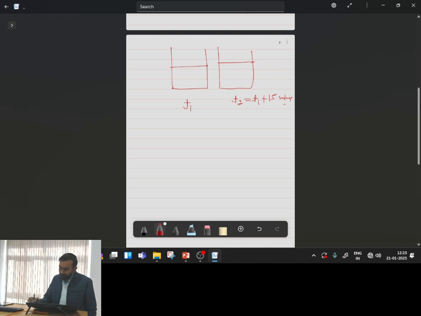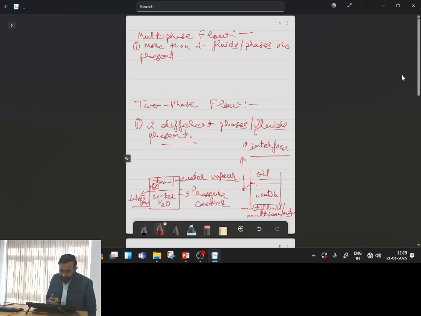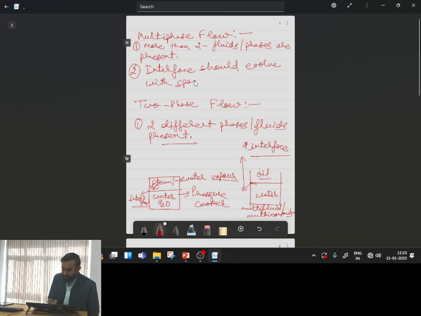So for multi-phase flow to happen, the second mandatory condition is that the interface should evolve with space and time. Here also the same is applicable.